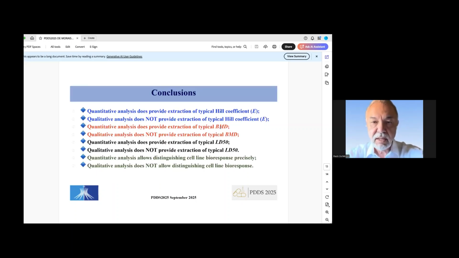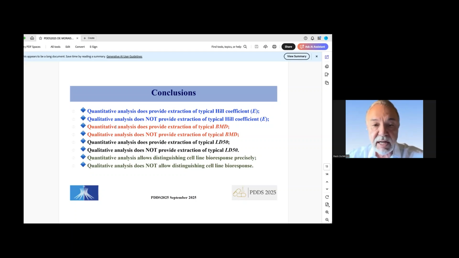So let me draw a few conclusions about this presentation today. Quantitative analysis provides extraction of the Hill coefficient, against qualitative analysis. So no way to extract the Hill coefficient only performing some qualitative analysis.